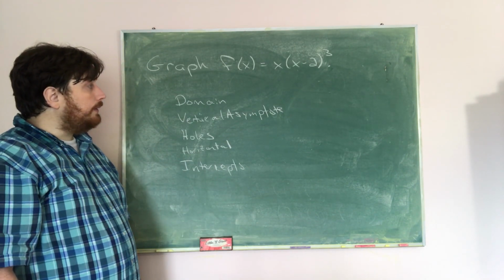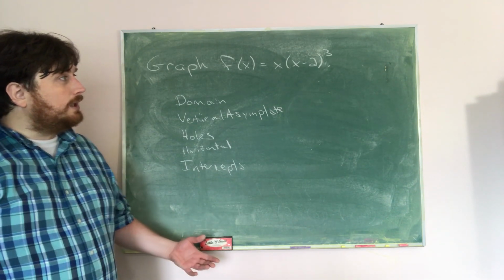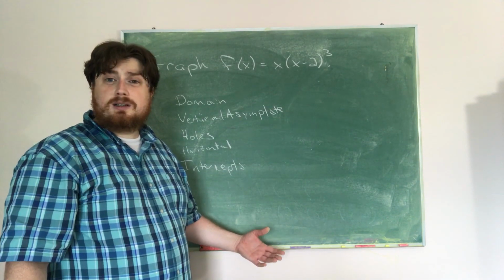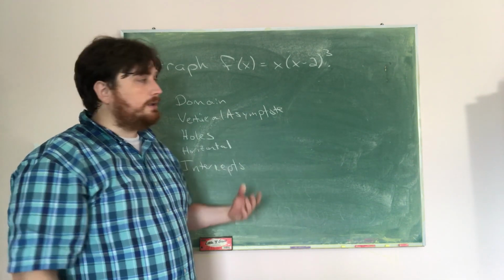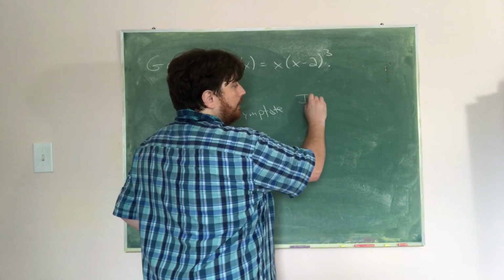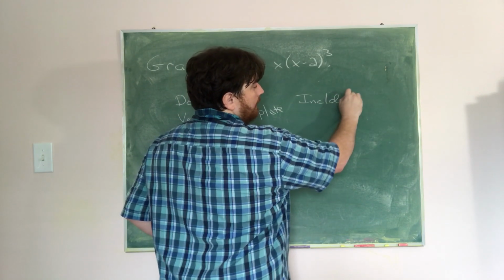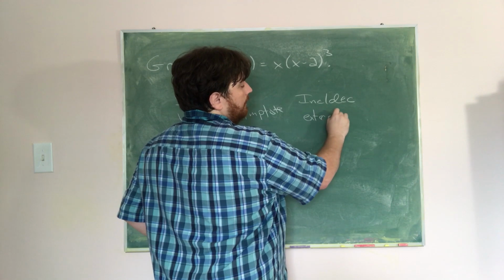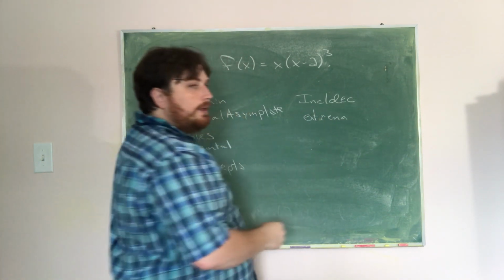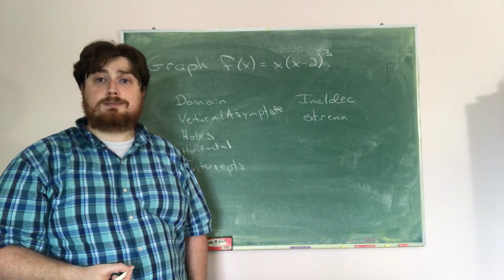Now there's more I'm going to want to find out. The types of things that catch my eye are the highest points and lowest points, or extrema, and if it's increasing or decreasing. So I might want to know, is my function increasing, decreasing, and where? Where are my extrema? I'm going to have to find those and write those down.